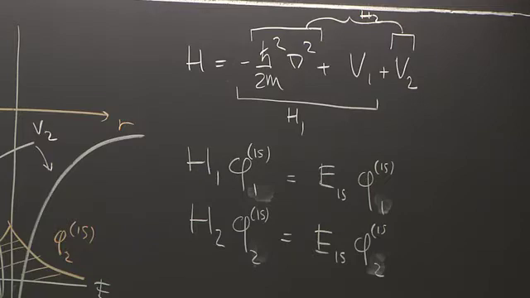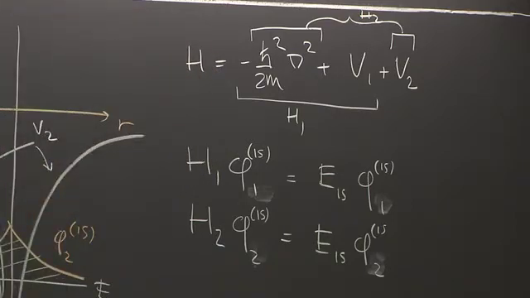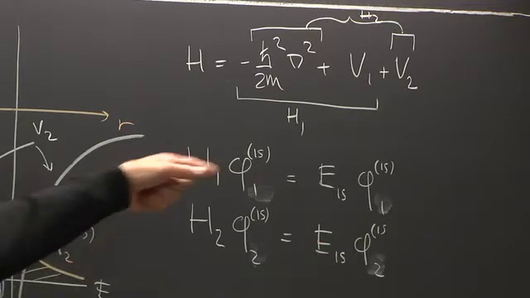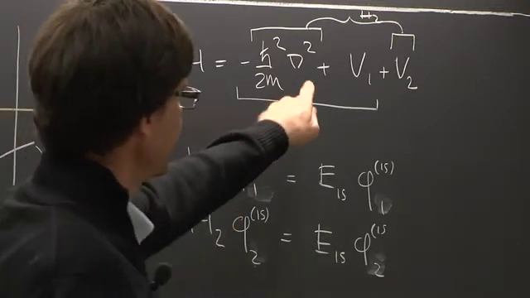In principle, I could solve it exactly, as a second-order differential equation, numerically, though certainly not analytically. But let me suggest an approximation that will allow us to understand a number of things about this Hamiltonian.